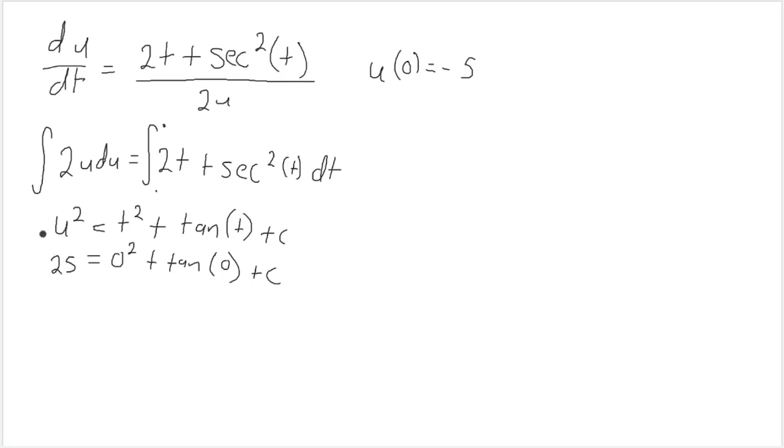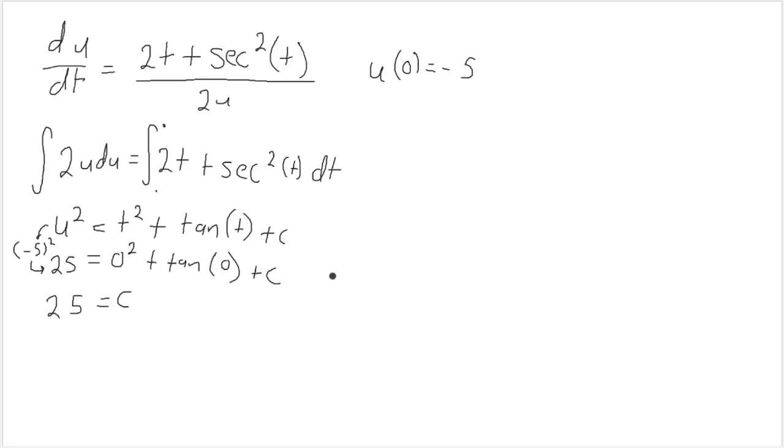U squared, I just plugged in -5. -5 times -5 is 25. And so therefore c is equal to 25.